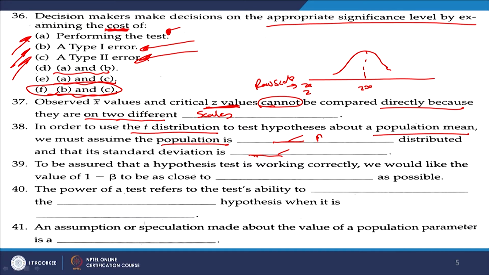It is normally distributed and the standard deviation is unknown, right. So, for question number 38, as I said, this is normally distributed and this is unknown, right. Standard deviation is unknown, but there is one more condition.